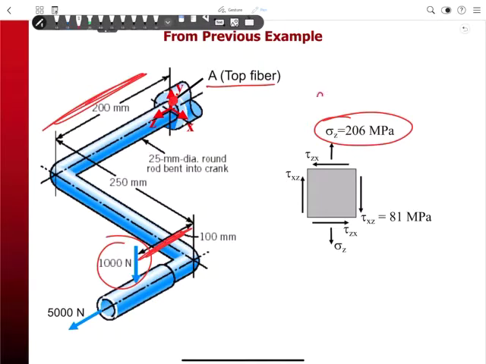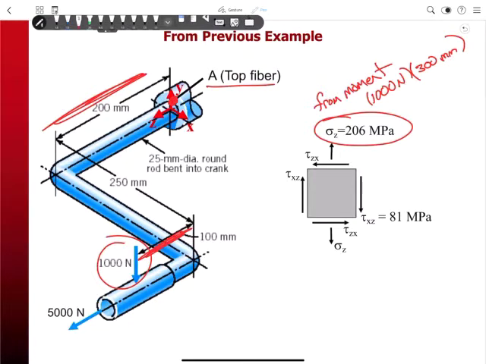So this is from the moment of 1,000 newtons times, was that 100 plus 200 is 300. Even Professor Frank could do that one.